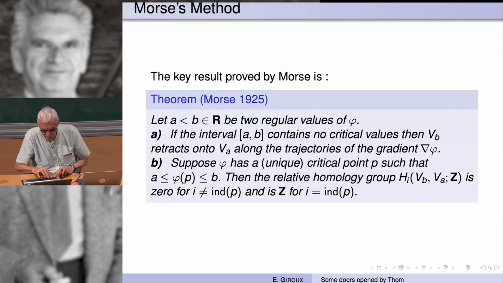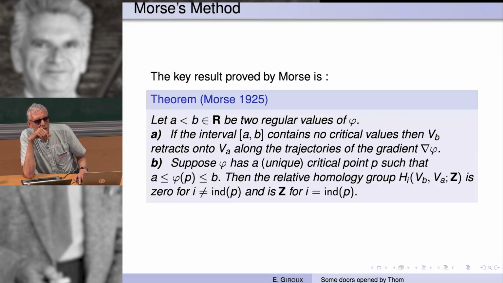And the second is that if there is a unique critical point whose value is between A and B, then Morse's statement at that time was just that the relative homology group of the sublevel B with respect to the sublevel A is 0 if the degree of the homology is different from the index, and is Z if the degree is exactly the index.